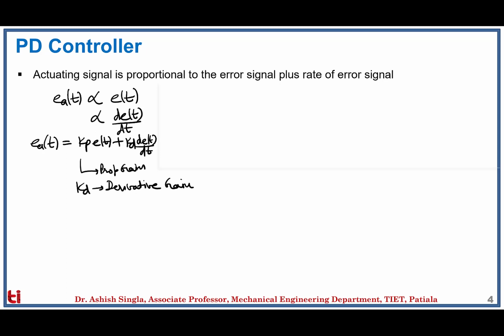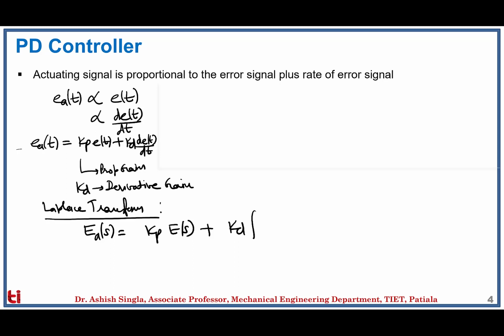Now if we take the Laplace transform of this equation, it gives us Ea(s) equal to Kp times E(s) plus Kd times, because it's a rate of change of error, s into E(s).